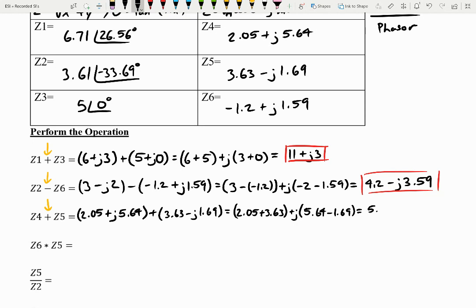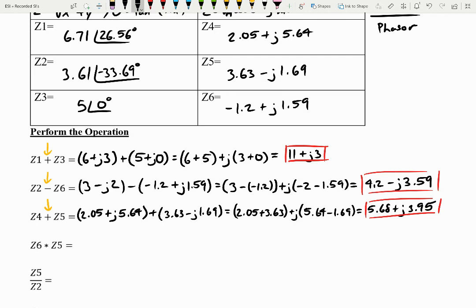We'll get 5.68 plus j3.5995. There we go.